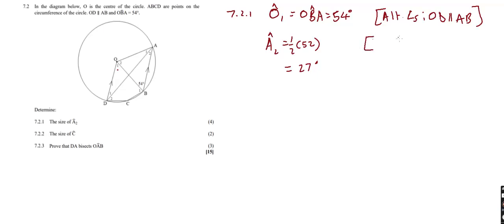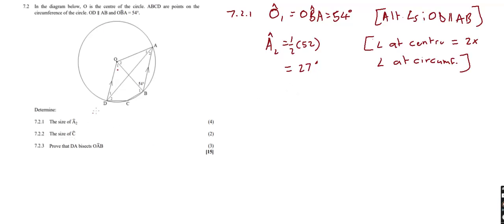So this is because angle at center equals 2 times angle at circumference. So we are done with A2.